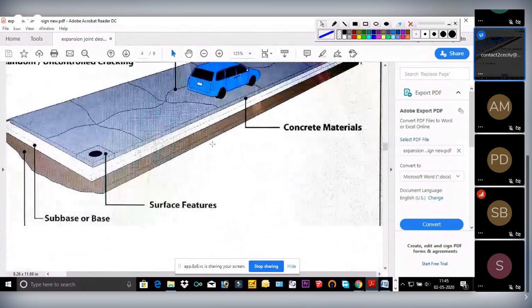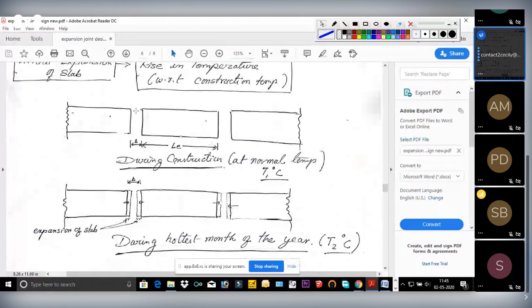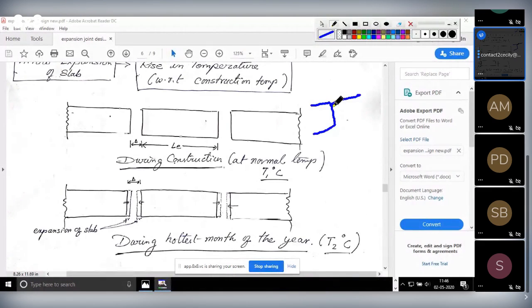See here, if there is a gap, then we will allow the slab to expand freely. If there is no gap, then what happens? This slab will create some cracks and failure.